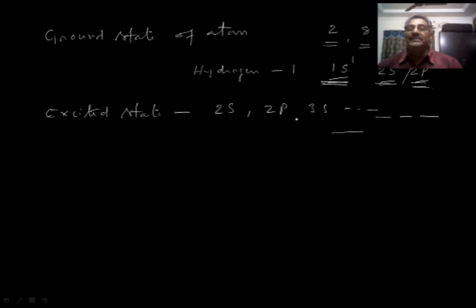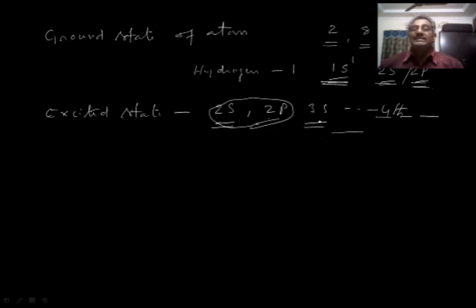Depending on the energy differences between the highest orbital and the least energetic orbital in hydrogen, different excited states are possible for the hydrogen atom. If the electron goes to 2s, it is the first excited state. If the electron goes to the third main energy level, it is the second excited state, as 2s and 2p possess the same energy in the case of hydrogen. If the electron goes to the fourth main energy level, that is the third excited state.